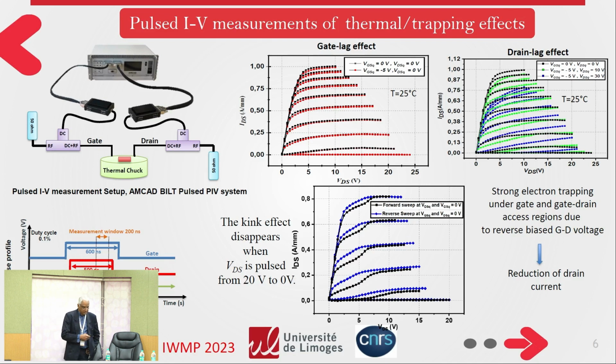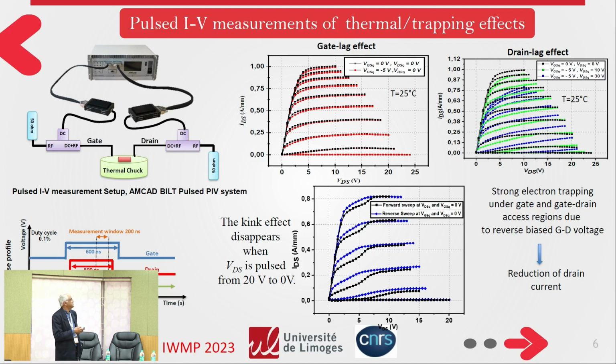We have taken 500 nanoseconds for the pulse width and a period of 500 microseconds. The pulse width can go beyond that also; there is no limitation on this pulse profile.